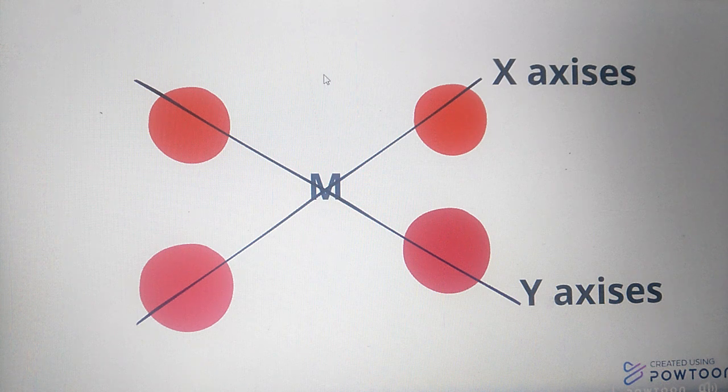The lobes of dz square are present along the z axis, so there is no ligand along the z axis. That's why the energy of dz square or dyz or dzx is less than dx square minus y square.